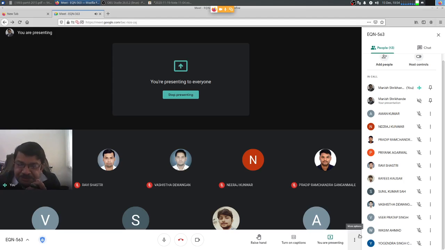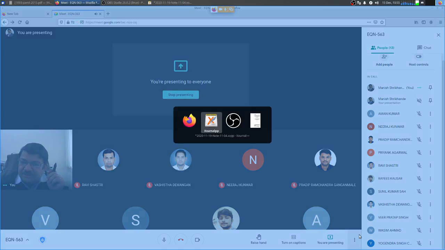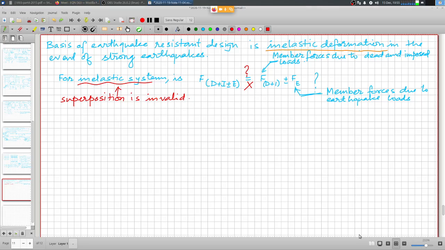The assumptions that you make in analysis to simplify your life have to be consistent with the behavior that is expected during a large, strong earthquake, because minor earthquakes, obviously nothing is going to happen, so you don't really bother about them. But in the case of strong earthquakes, what is going to happen is what should be the area of concern, and your analysis should be reflecting that situation.